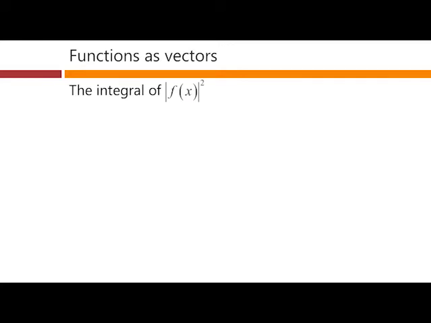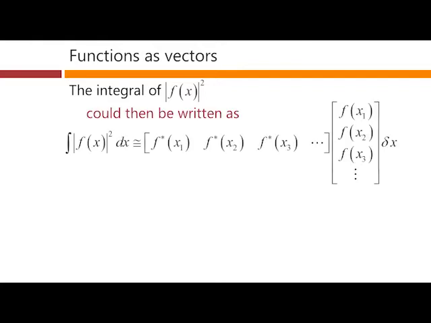For example, the integral of the modulus squared of our function f of x, which is a kind of integral we will often want to perform in quantum mechanics, could simply be written then. Obviously, we could write it out as an integral, but we could write it as the vector product of this column vector and another version of the same vector turned into a row vector in which we put the complex conjugate of all these elements. So if you remember what happens here with multiplying two vectors, this element multiplies this one, multiplies this one, multiplies this one, and so on, and we add up the answers.